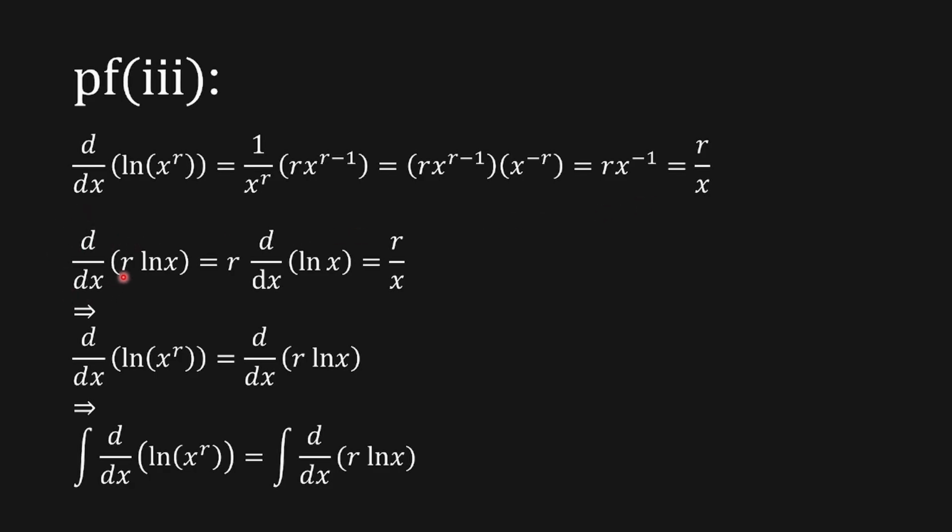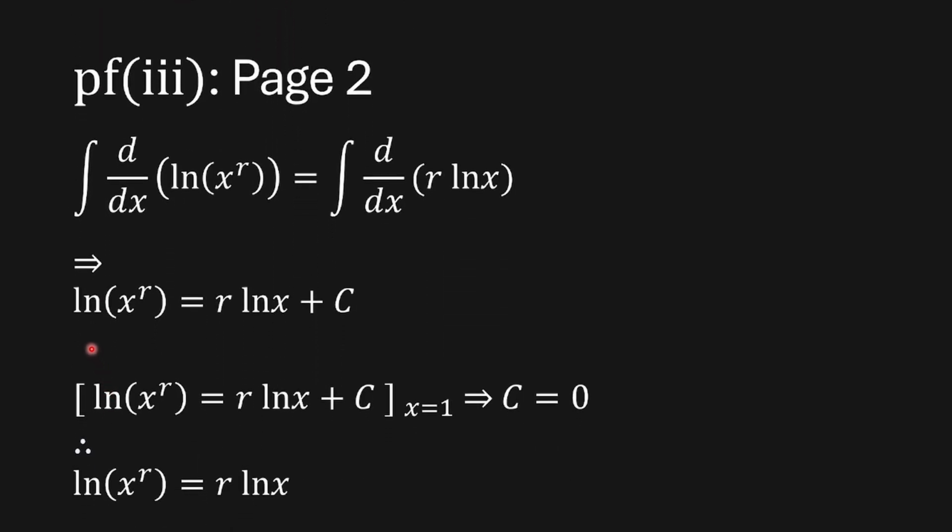Okay, now let's take the derivative of r times ln x. r is constant, so we can pull it out of the differential operator and take the derivative of ln x. The derivative of ln x, as per theorem 1, is equal to 1 over x. Okay, well, this implies that both derivatives are equal, so then we can also integrate both sides and the equality holds.